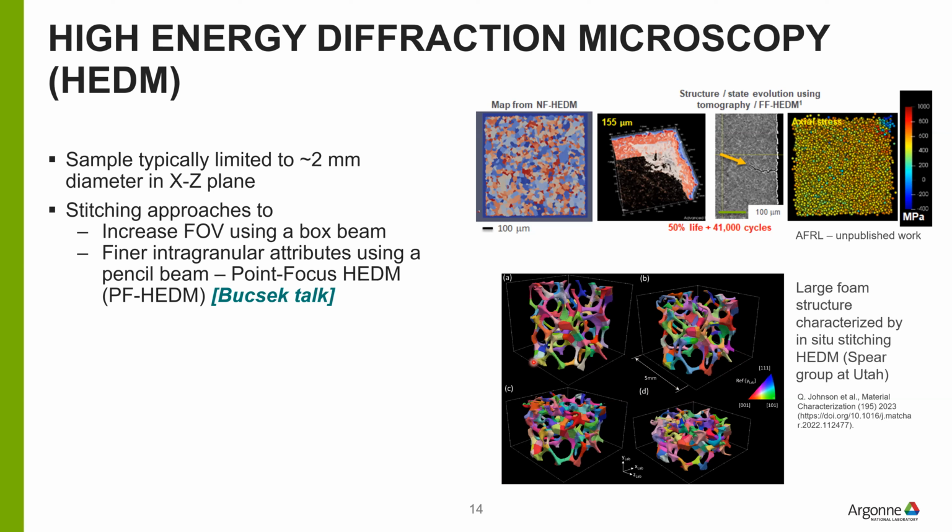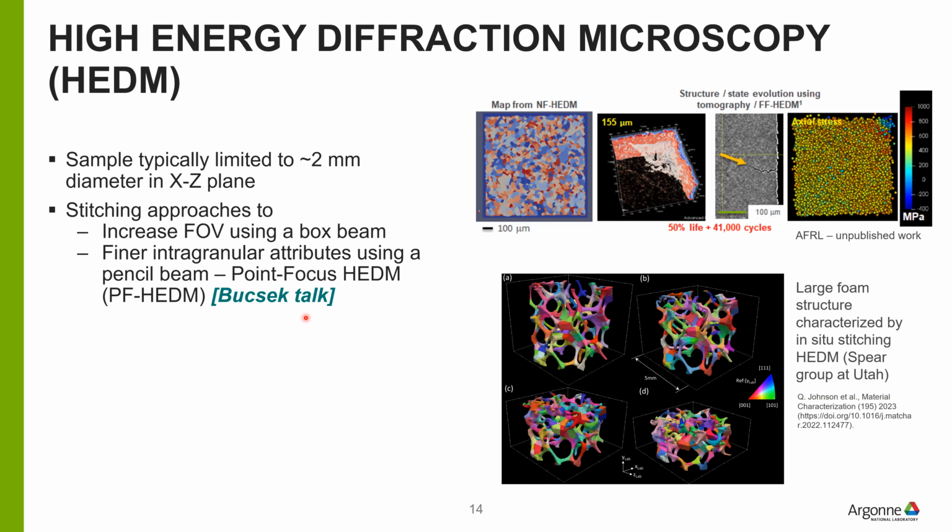So we can use a stitching approach to characterize a structure like this that's very sparse but very large, and track how the structure changes, both structure-wise and crystallographic orientation-wise, as you compress these things. This has been demonstrated by our 1ID team and Ashley Spear's group at Utah.